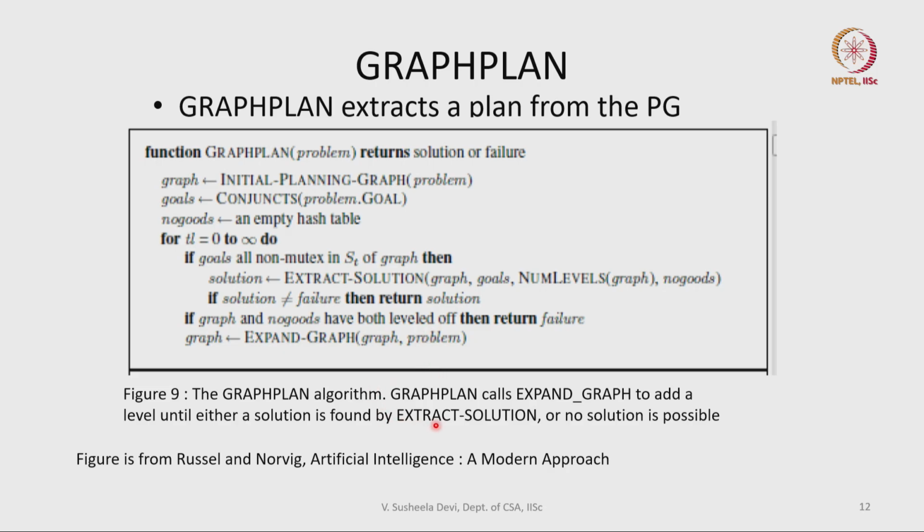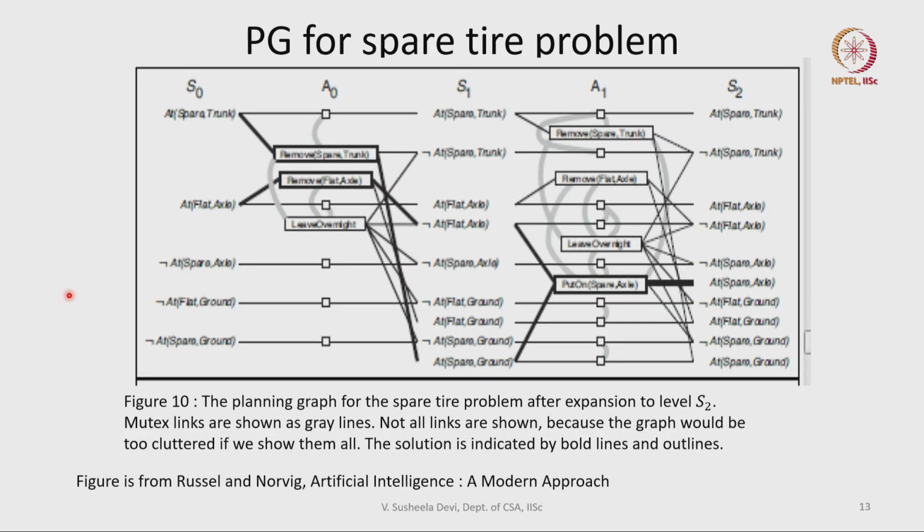If you use extract solution, it finds you the solution, or if no solution is possible, it will tell you that no solution is possible and that there is a failure. So that is how Graphplan actually works.